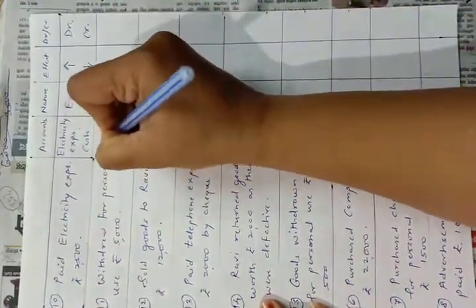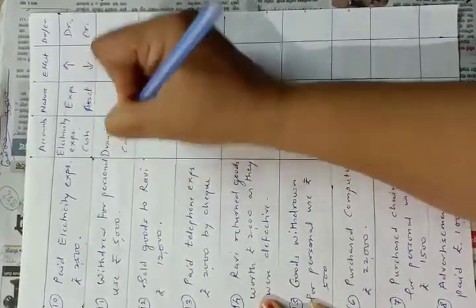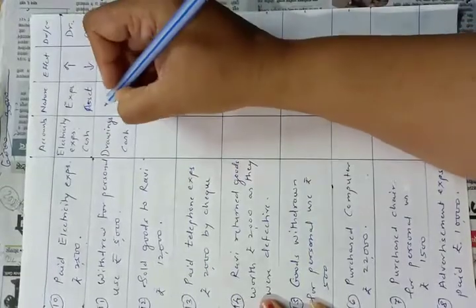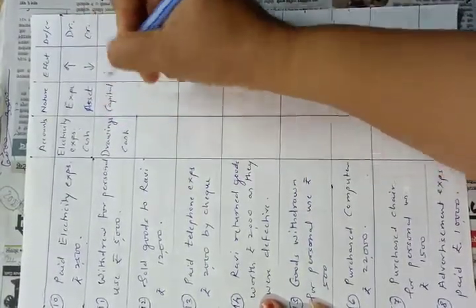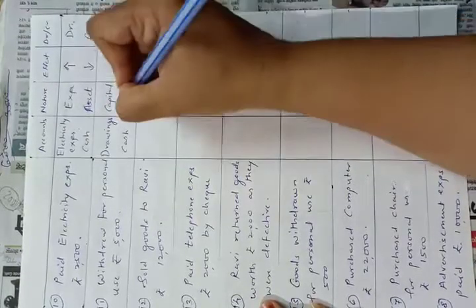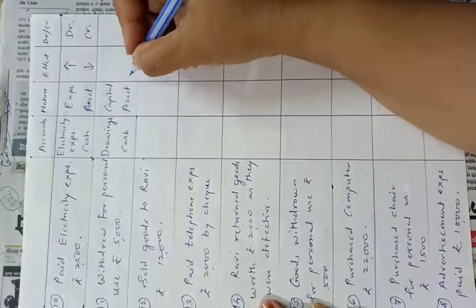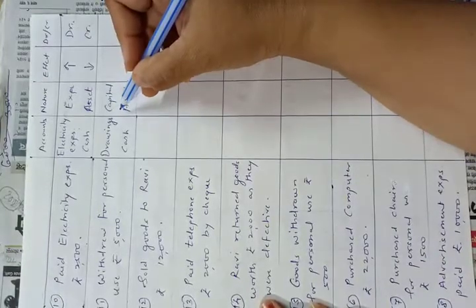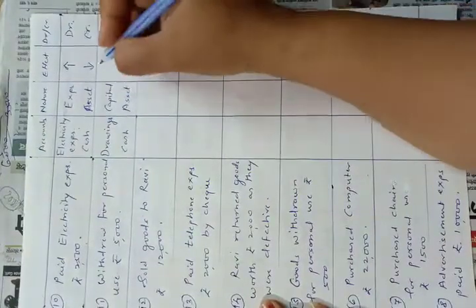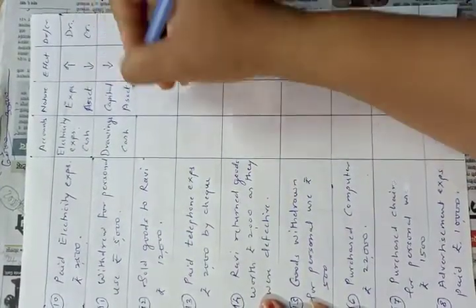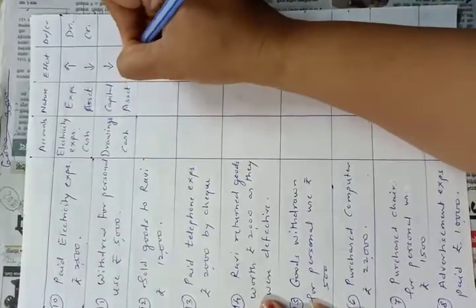So drawings and cash. Understood? Drawings account is related to capital account, and cash is our asset. Now here when he withdraws cash rupees 5,000 for personal use, our capital will decrease and cash account, that is our asset, will also decrease.